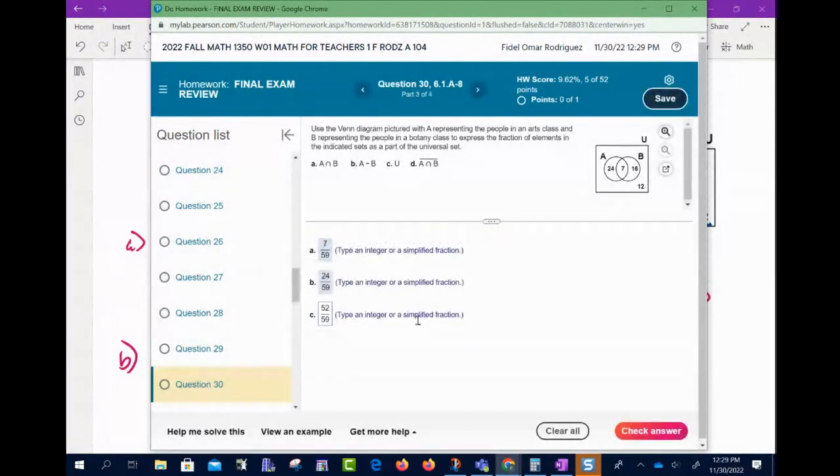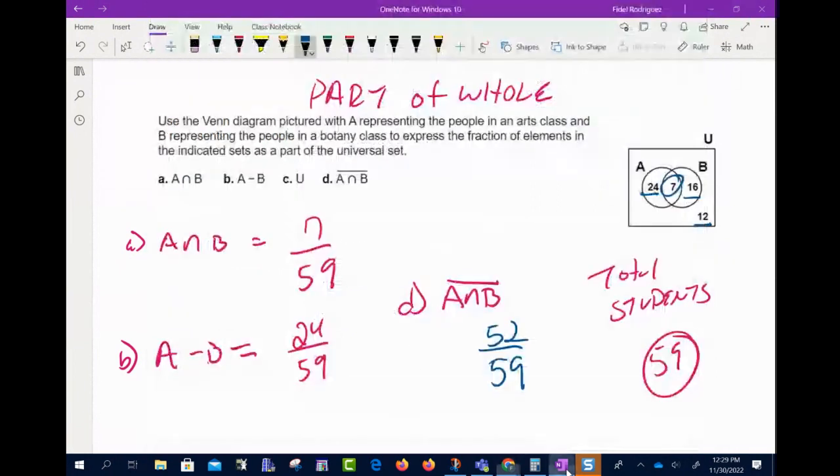And oops, why not 52? Why is it not 52? What did I do wrong here? I don't want the 7. I want everybody except the 7.